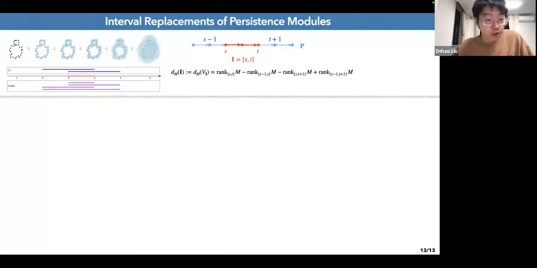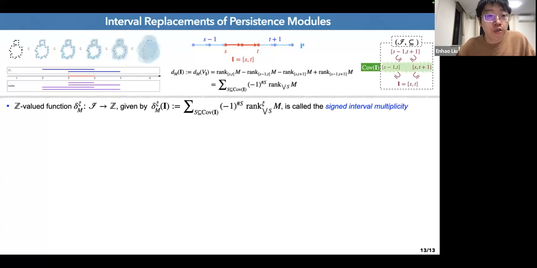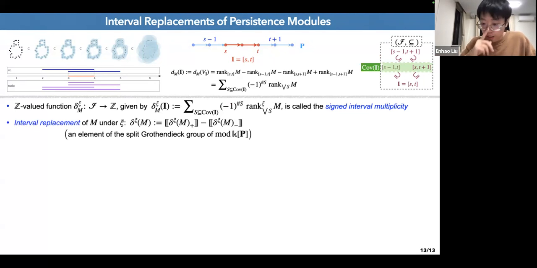So I think I do not have enough time. The last slide is about another generalization of multiplicity. Analogous to doing the Möbius inversion formula of the rank invariant, we can also do this for our compression multiplicity, and it gives some signed interval multiplicity, which we formalize and call interval replacement.